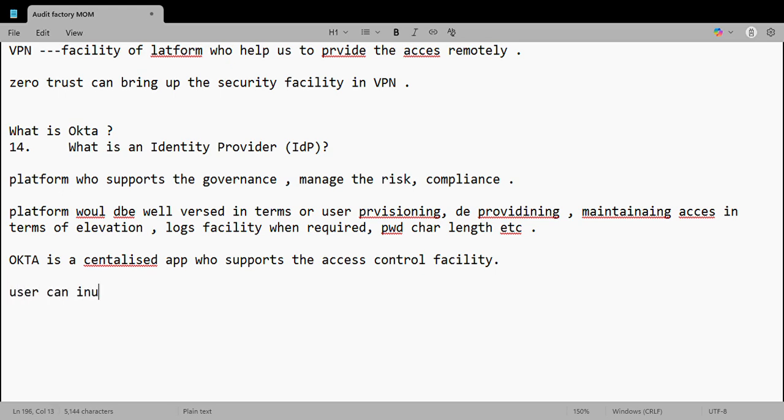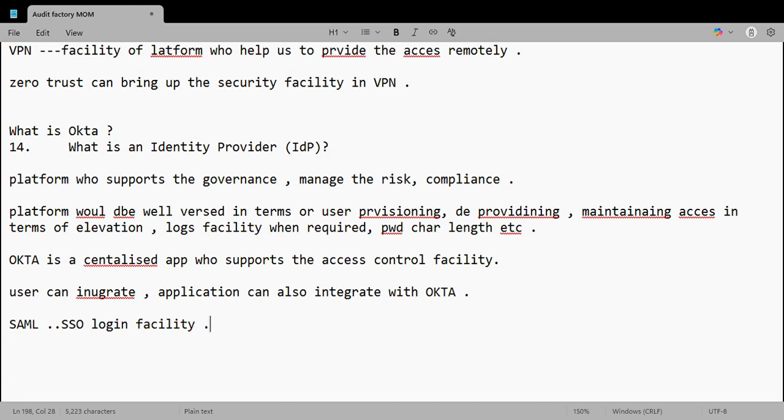Users can be integrated from here, and applications can also integrate with Okta. Okta supports SAML, and SAML supports the single sign-on facility.